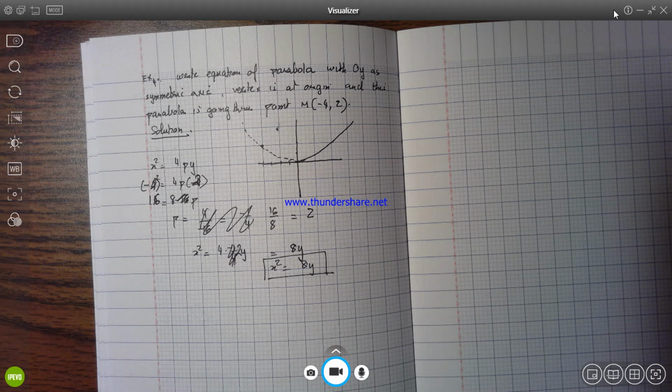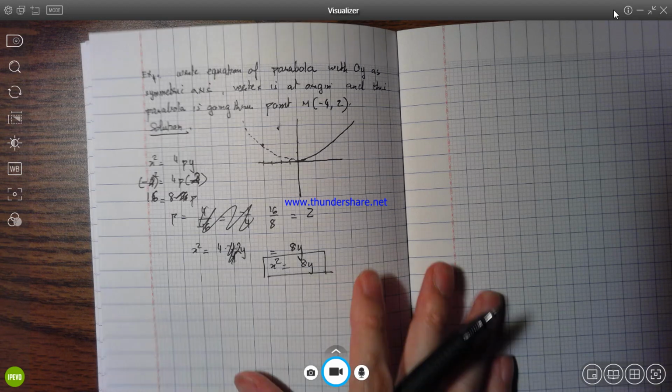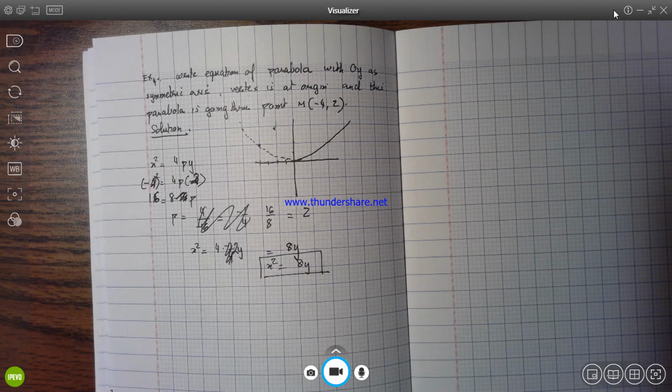I couldn't find any over here. That's strange. Just be patient with me, okay? I'm trying to find a problem where the parabola has a vertex different from the origin.